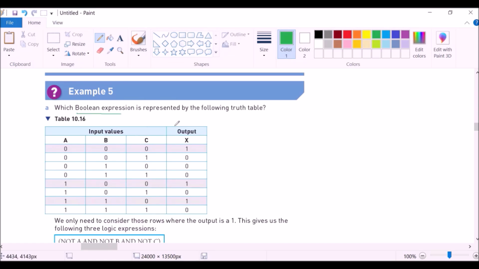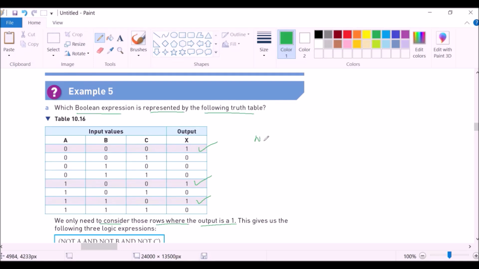Which Boolean expression is represented by the following truth table? We only need to consider those rows where the output is 1, which are these rows. This gives us the following three logic expressions.